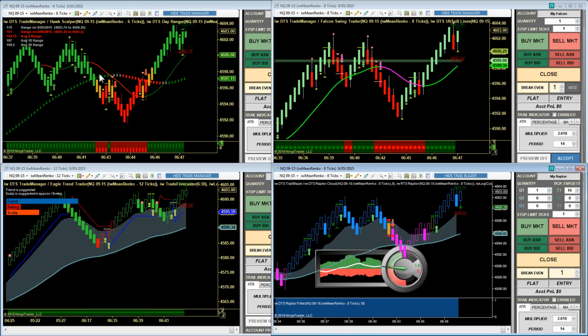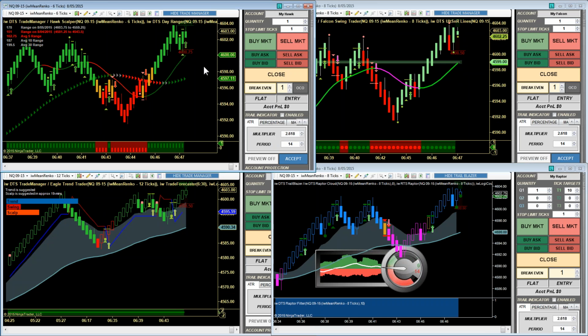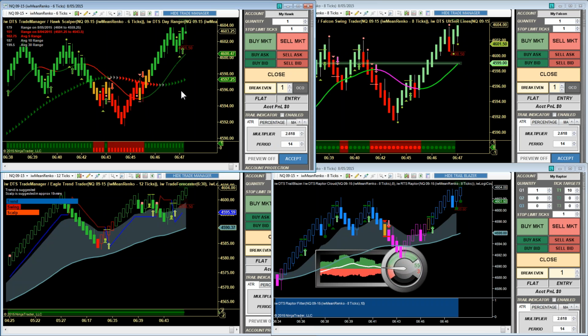This chart up here, the Hawk Scalper, has been specifically designed for scalping trades. The programming behind this is unique and it focuses on those market conditions that are prevalent when the market is producing short-term signals.